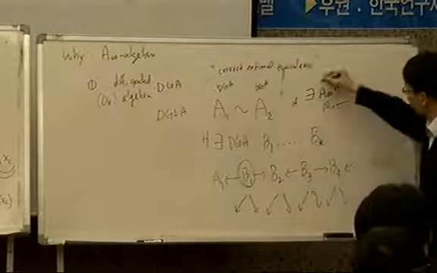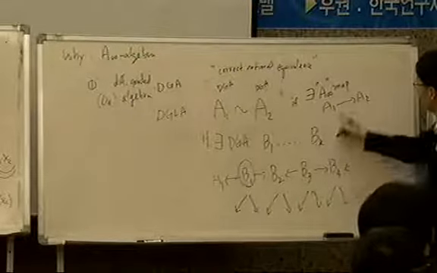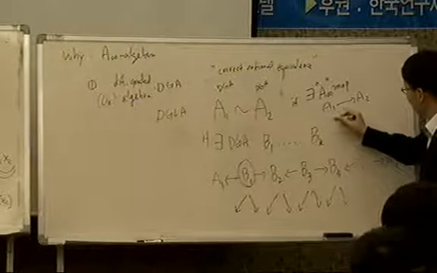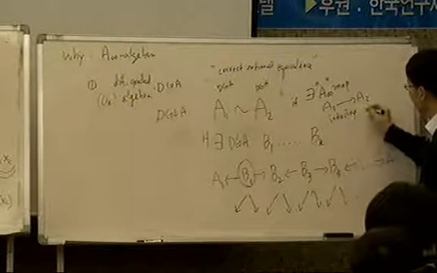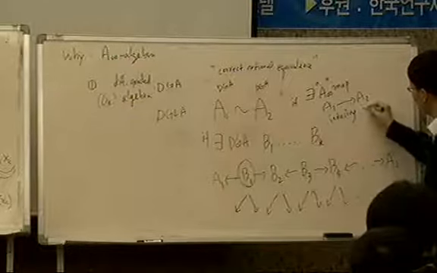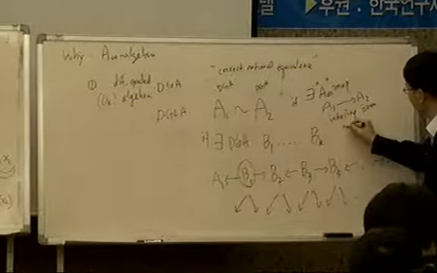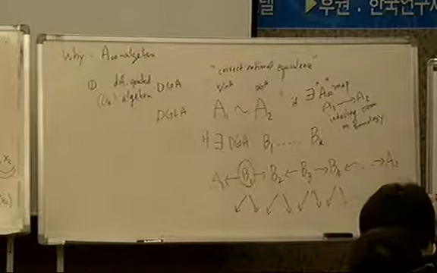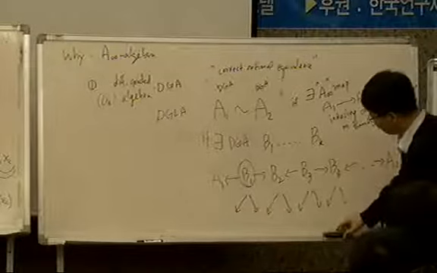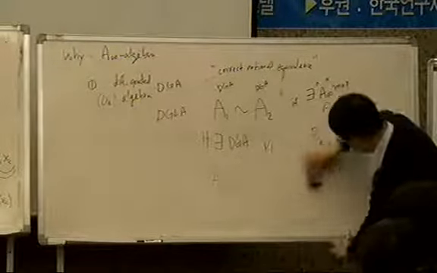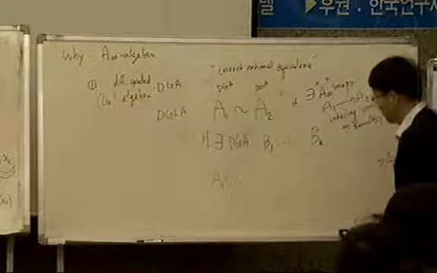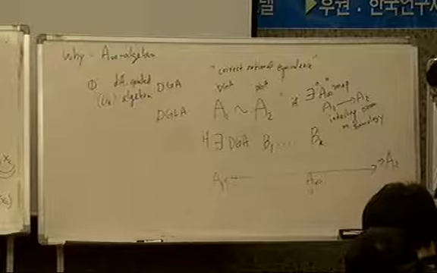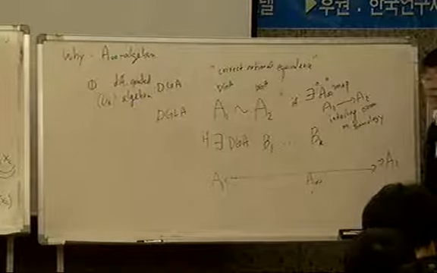There is some kind of infinity map inducing an isomorphism on homology. So what this means is you actually have a real map from A1 to A2, but it's not a map of differential graded algebras, it's some infinity map.